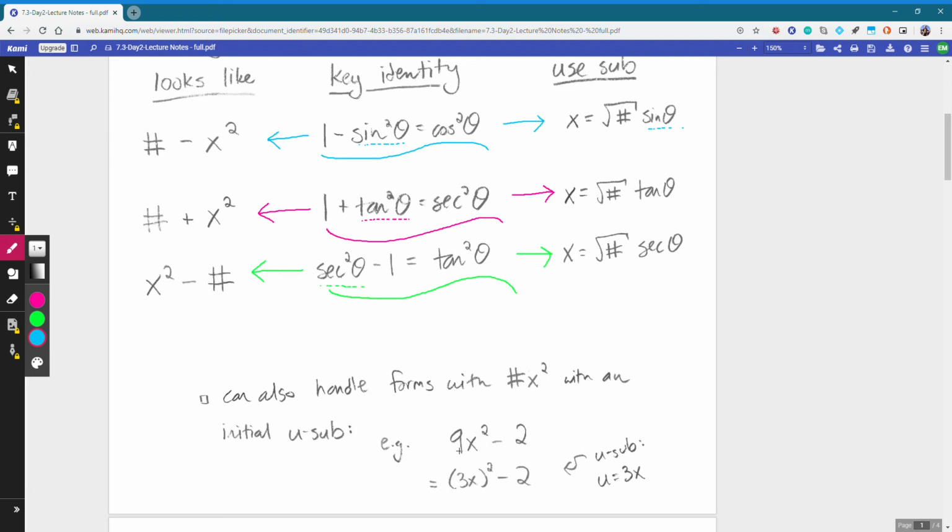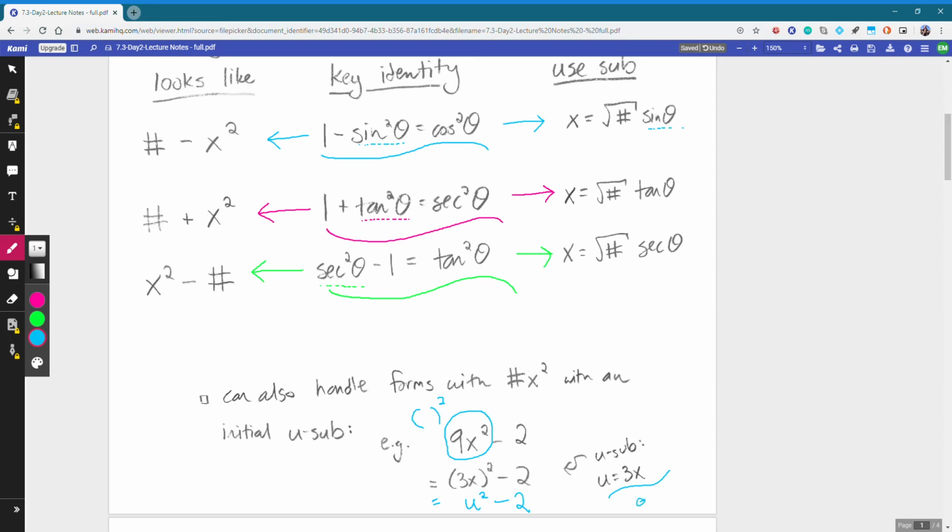We could again try and get this written as something squared. And the way to do that is going to have to be with 3 and then x squared. Our ultimate goal is to make this a single variable, u squared minus 2. And so we can do that with a u sub, u equals 3x.